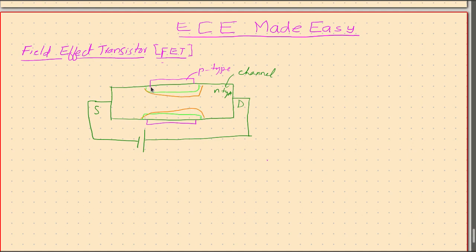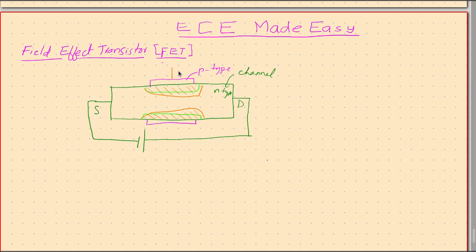That's the depletion region we have when source and drain are connected in this particular polarity.